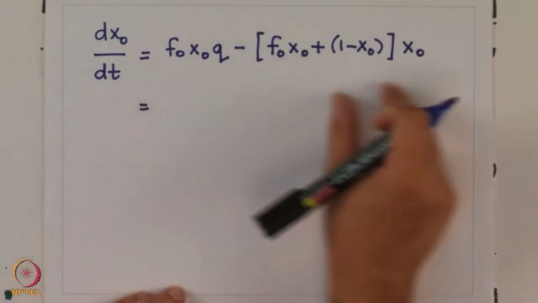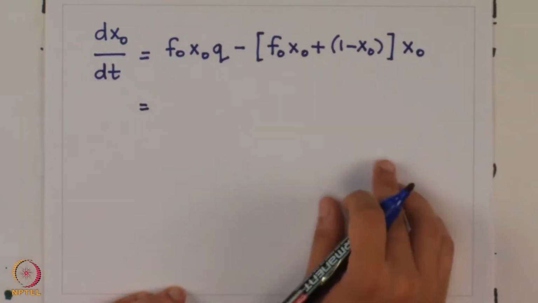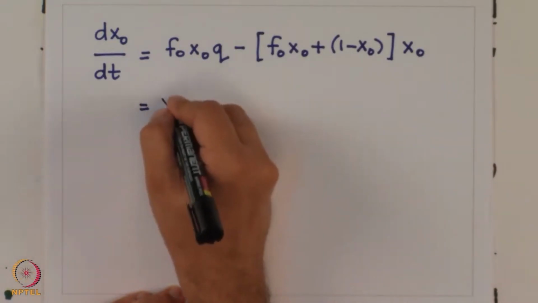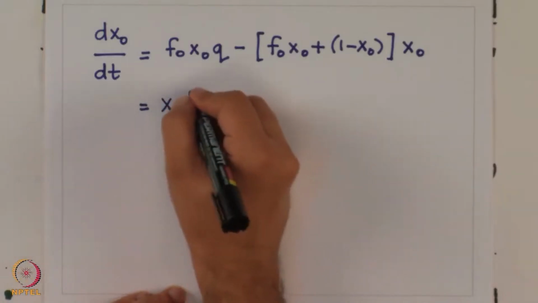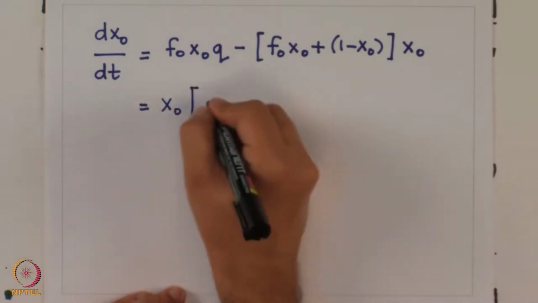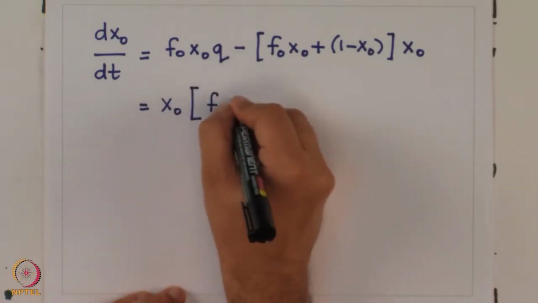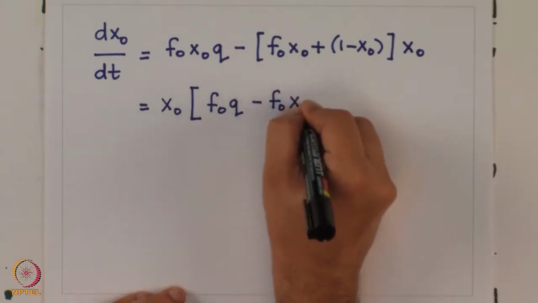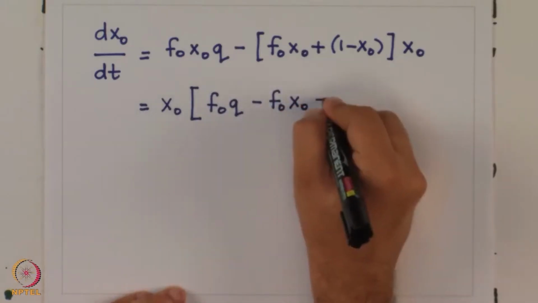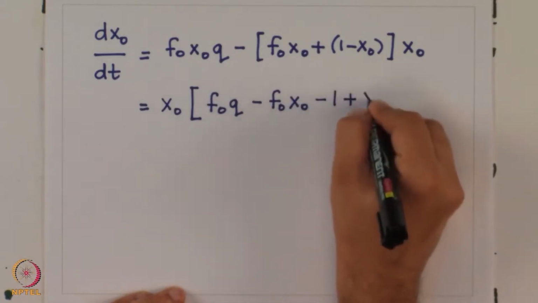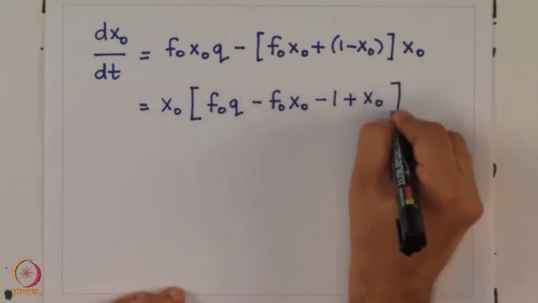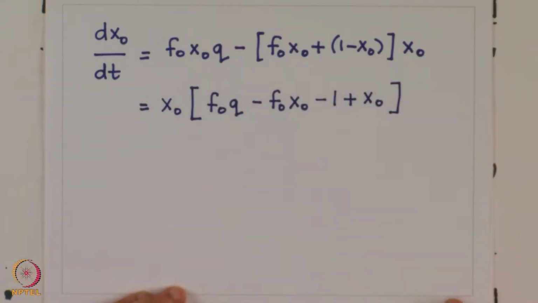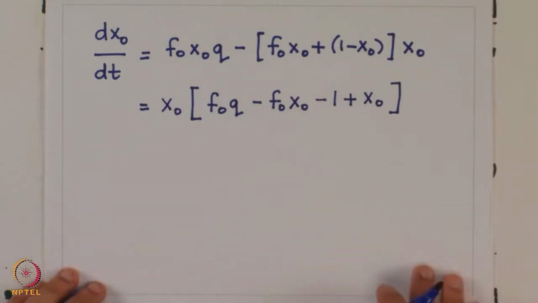The three terms involved here all have a factor x0 common to them. So, I can take x0 out, and what that leaves me is f0 q minus f0 x0 minus 1 plus x0. That's what I am left with when I take the x0 factor out of this equation.